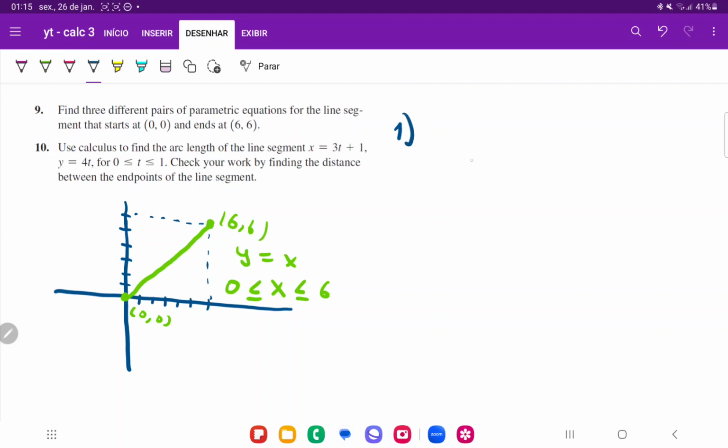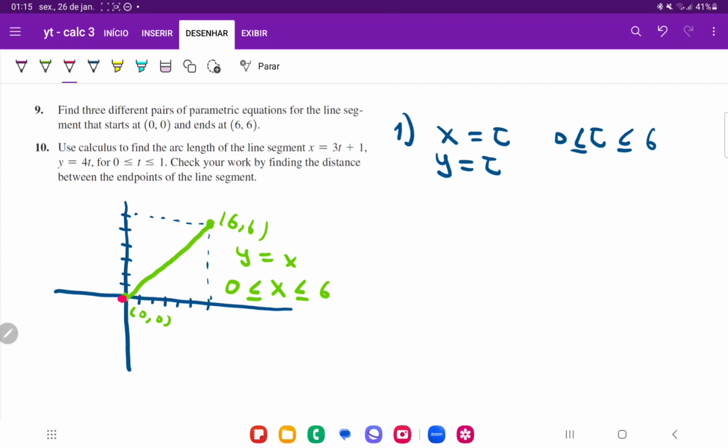So the easiest case is just letting x be equal to t. And if y is equal to x and x is equal to t, it also means that y is equal to t. And since x is equal to t, it therefore means that t is also going to be restricted from 0 to 6. So what that means is that when t is equal to 0, we begin here.